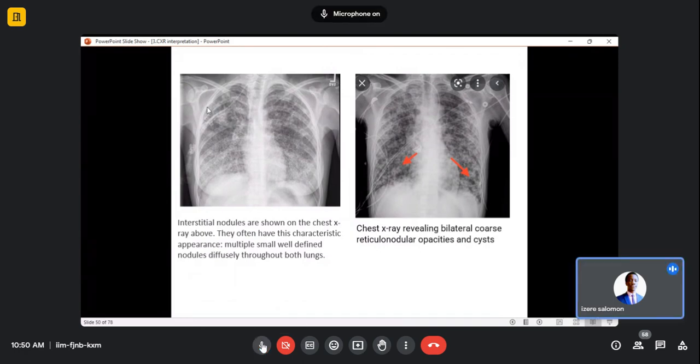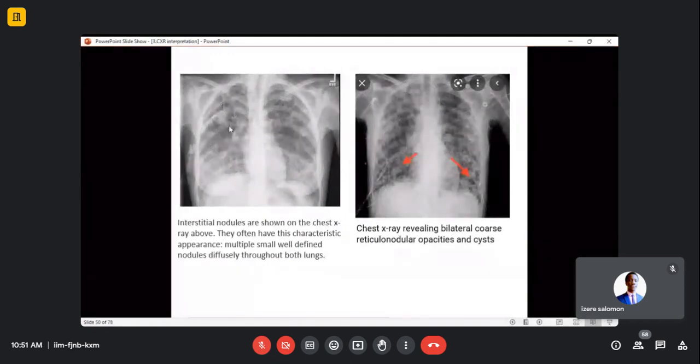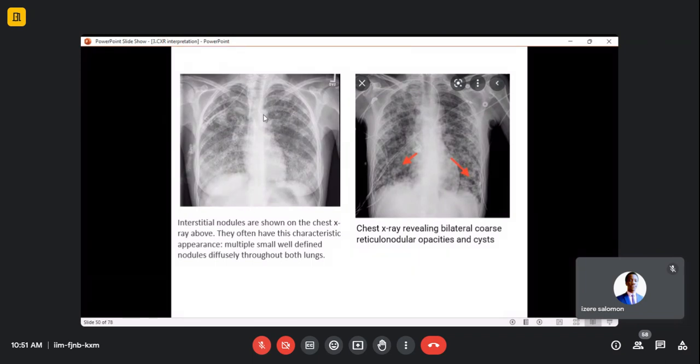These are interstitial opacities, but here they are confluent and it looks like alveolar airspace opacity. But now it is a confluence of interstitial opacities. Now it becomes like airspace opacity, alveolar opacity. But otherwise, they are nodular opacities. Can you see this? Yes.